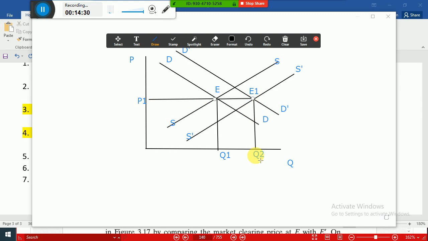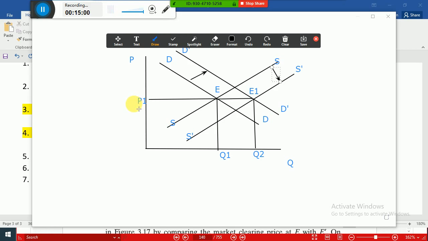What is the reason? The reason is there is an equal change in demand and supply. When the demand and supply curves shift equally and both demand and supply increase, there is no change in price. Price will remain as it is at P1.